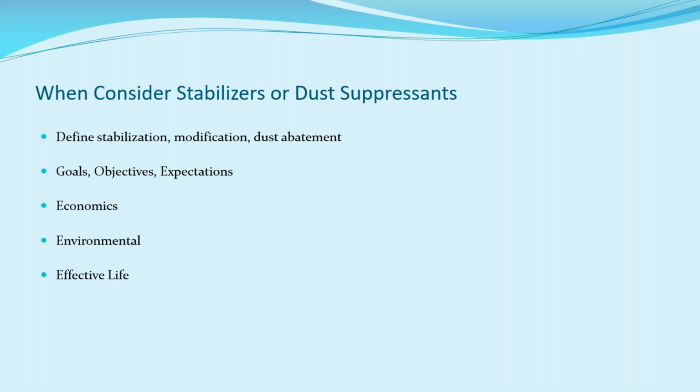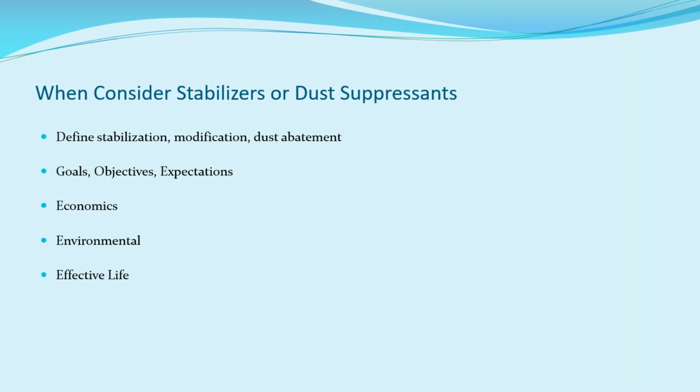Totally getting rid of the dust, most of the time people will put up with a little bit of dust, but they want to keep it down as much as possible. So you need to have a goal. How much dust do you really have to get rid of? What's your objective for that material or that roadway?